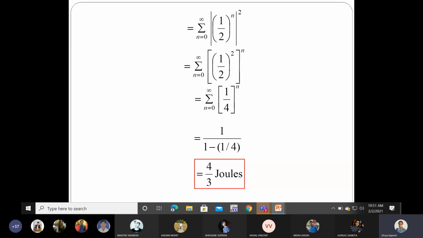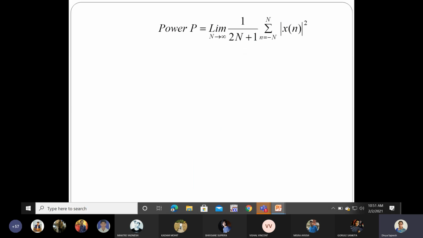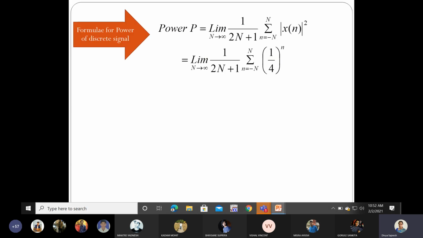Even though energy is there, you have to check for power also in the signal. So power equation is limit n tends to infinity of 1 upon 2n plus 1, summation n equal to minus n to n, x of n square. So already we obtained x of n square earlier. You can directly substitute here, which is 1 by 4 raised to n. Now we can apply the series sum formula.